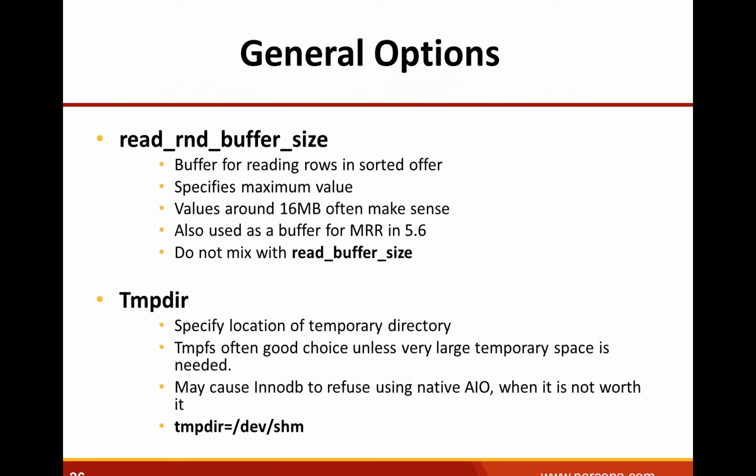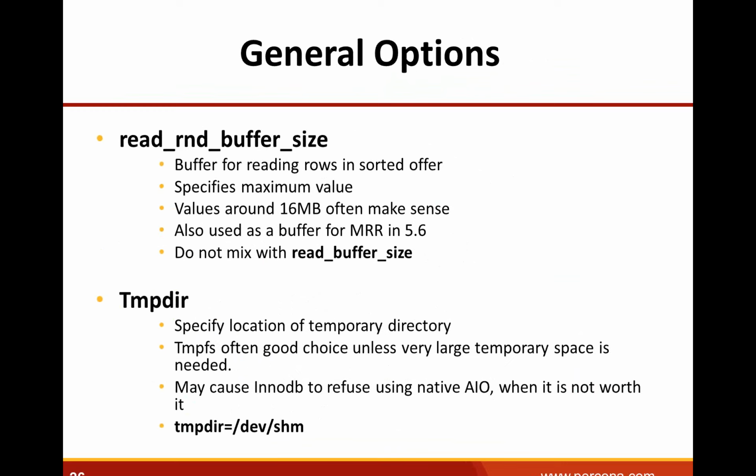Read rnd buffer size is a buffer which is used for sorts, reading rows in sort order from, like, forever in MySQL. But in MySQL 5.6, it's also used for multi-range read support, right?